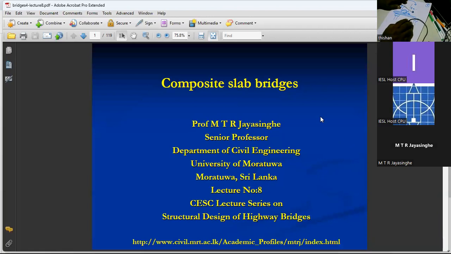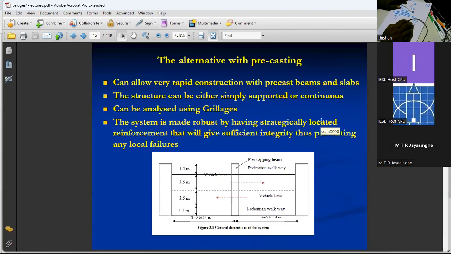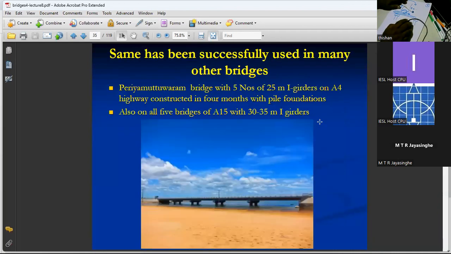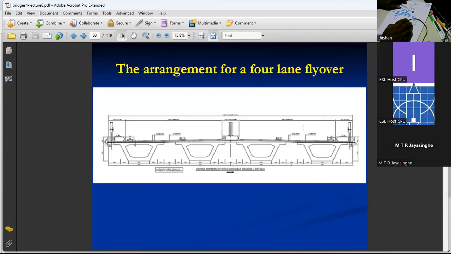Right. Now, if you look at this particular bridge at Orugodawatta, now this is the kind of beams.